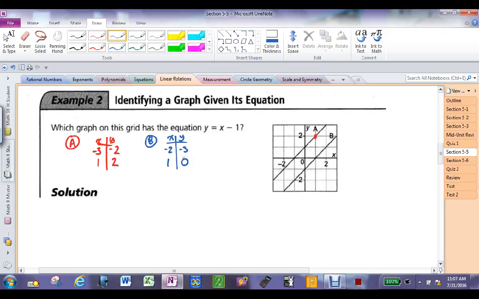Everybody cool? So now everybody has 4 points, don't they? They have one X and Y, a second X and Y, a third X and Y, and a fourth X and Y. Where else in this question do you see an X and a Y? In the equation, Y equals X minus 1.